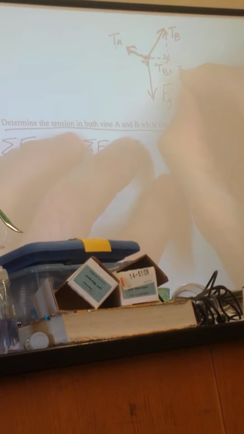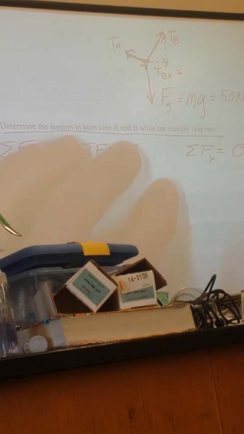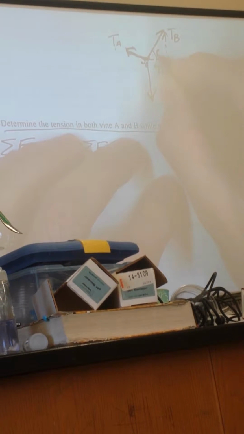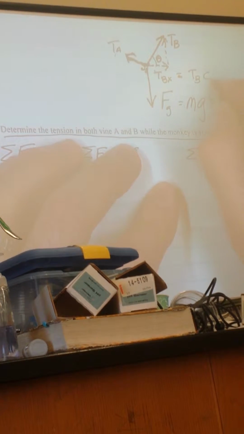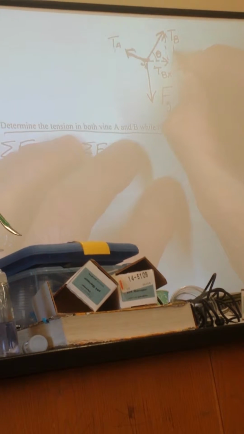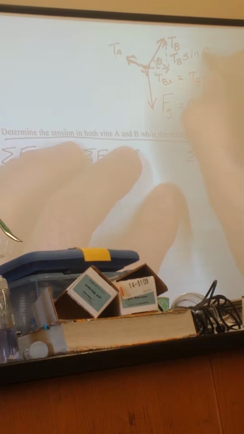And this would be TB in the x direction, which would actually equal, how could I calculate TB? Really using the trig here, it's just going to be TB cosine of theta. And this is then going to be TB sine of theta.